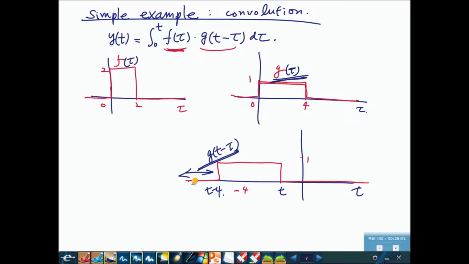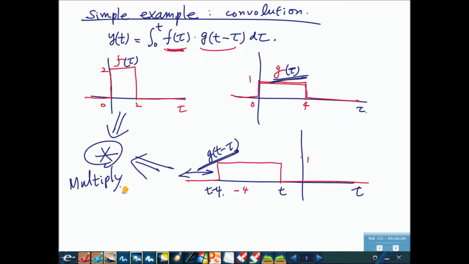Okay. And then the convolution is what? The convolution is between this and that, right? That's the multiplication. Multiply the two, this one and this one, multiplication, right?